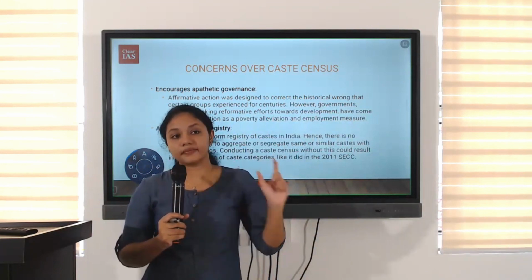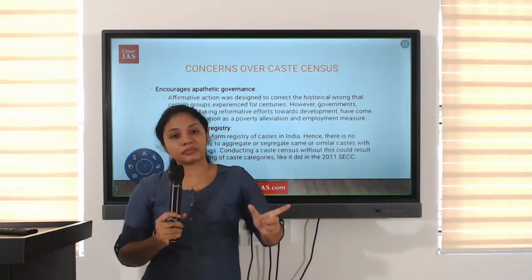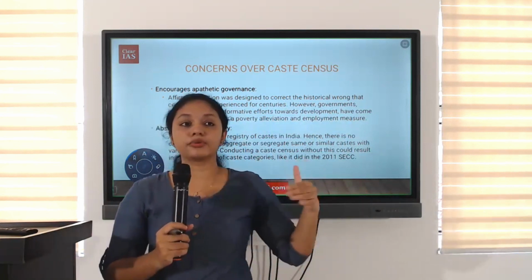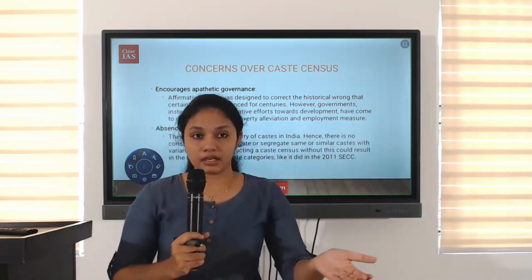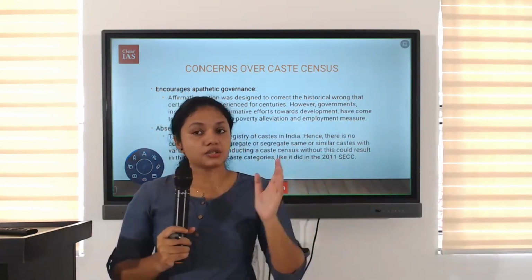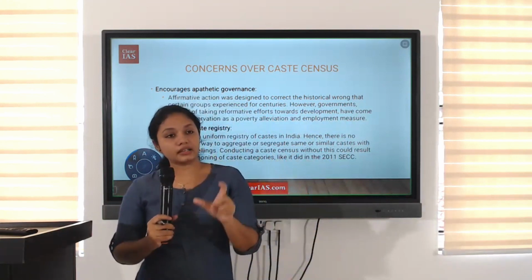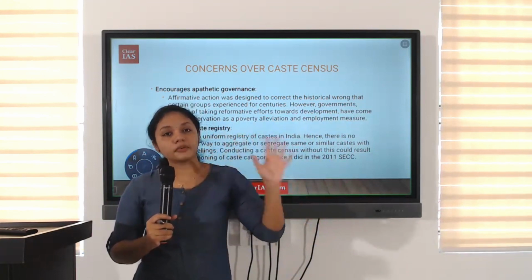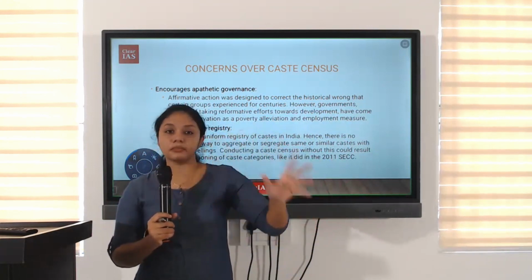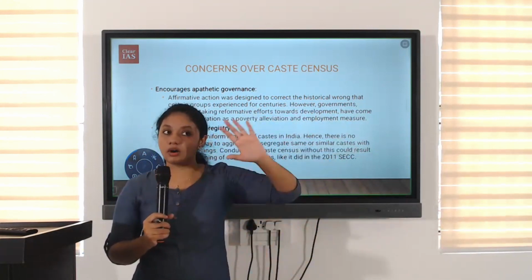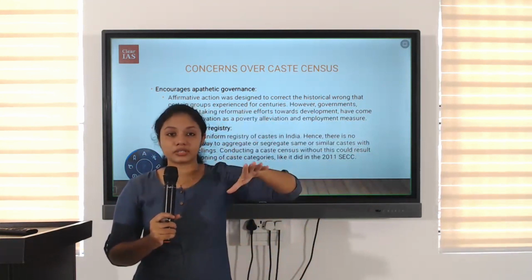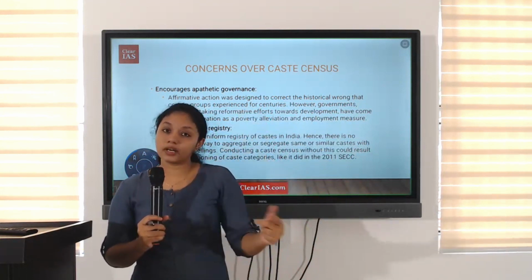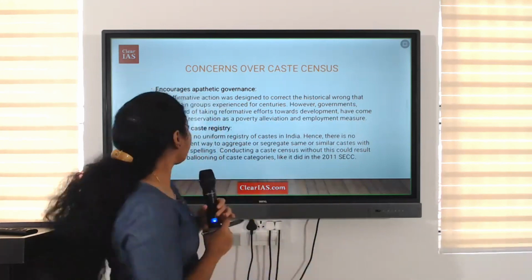They will be using affirmative actions. Affirmative action is something we use for improving the state of some sections of the society, right? So if the caste census is done, the reservation will be based on that, and more affirmative actions for reservations will be done. Overall, the development of the society will be hindered. That is one of the concerns.